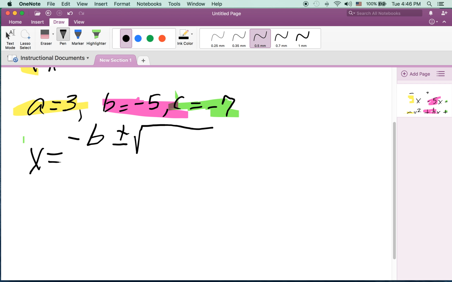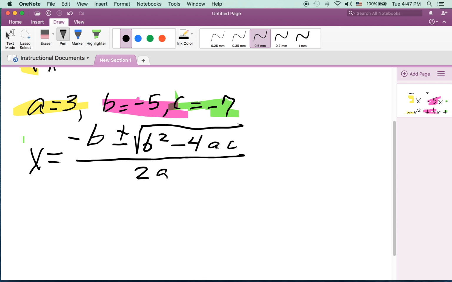Why do you think there are two solutions? Think about the fundamental theorem of algebra. Quadratics are second order, and the fundamental theorem says the order of the polynomial is also the number of roots.